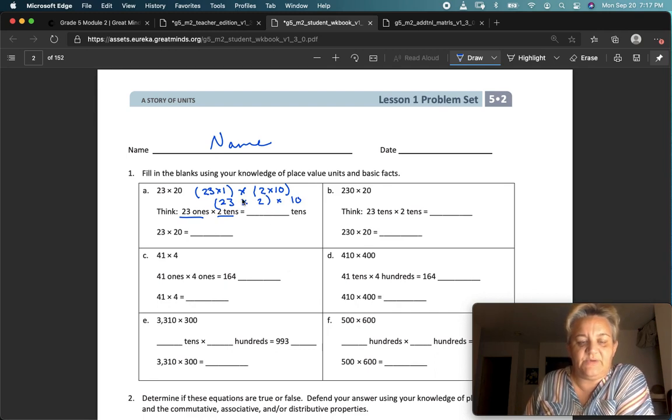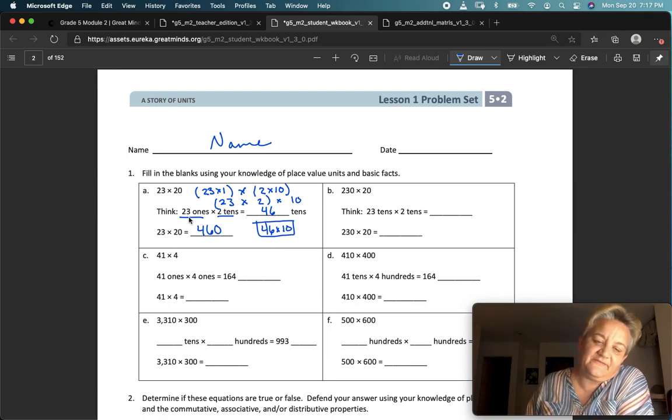So 23 times 2 is 46, and if I multiply that by tens, that would be 46 tens, and 46 tens is just 46 times 10, which equals 460. You know that because we've been multiplying by tens for weeks now.